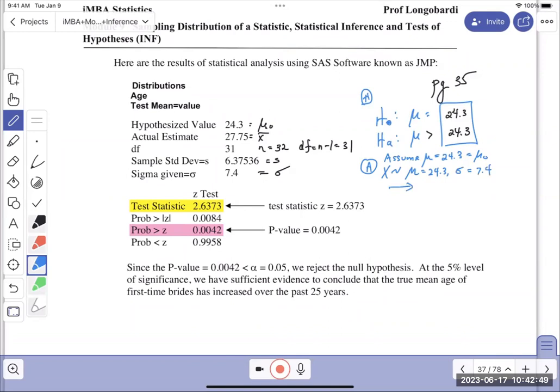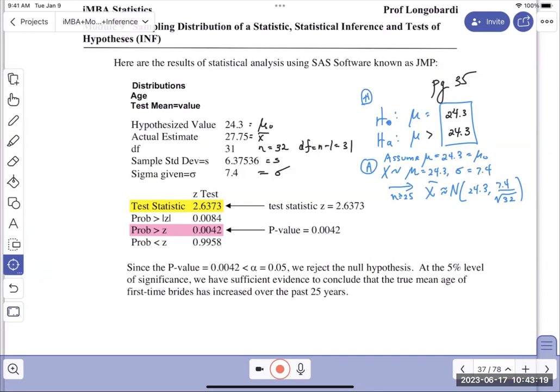And this means, because N is equal to 32, which is greater than 25, that X bar is approximately normal with a mean of 24.3 and a standard deviation of 7.4 divided by square root of 32. See, I can get everything from the output. So this is the central limit theorem that I use because I don't know that the sample comes from a normal distribution or anything like that.